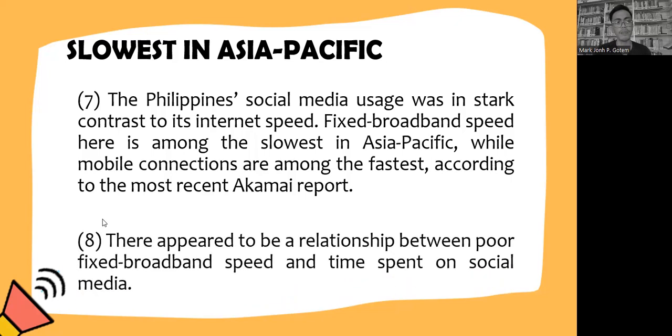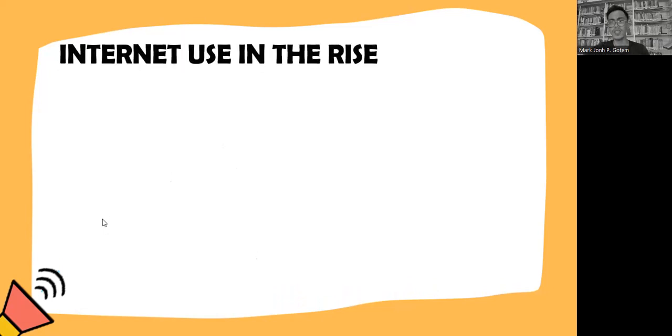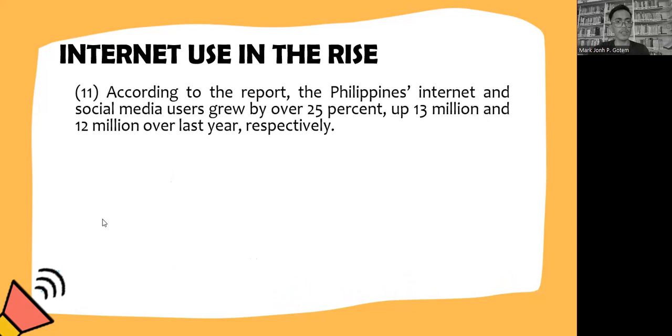Next, there appeared to be a relationship between poor fixed broadband speed and time spent on social media. Okay. And internet use in the race. According to the report, the Philippines internet and social media users grew by over 25%.